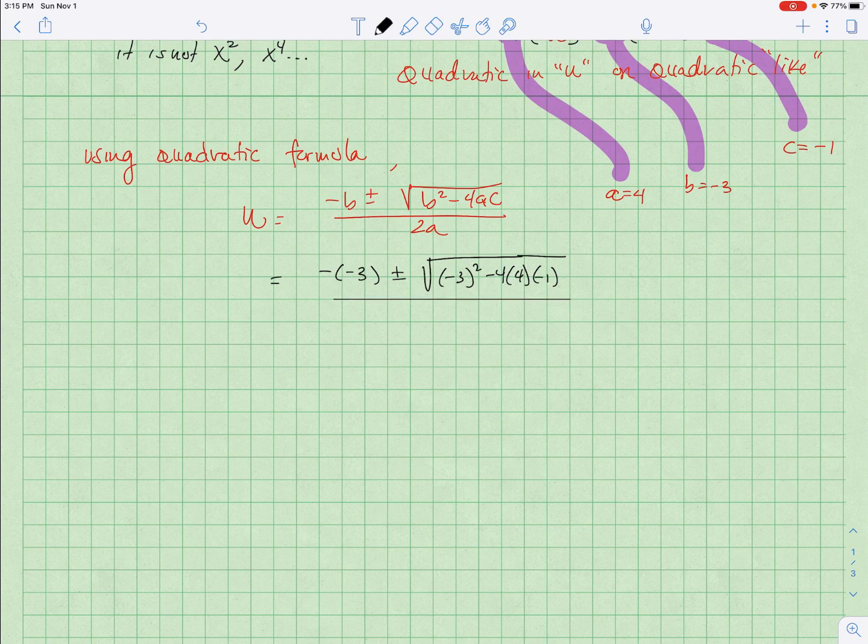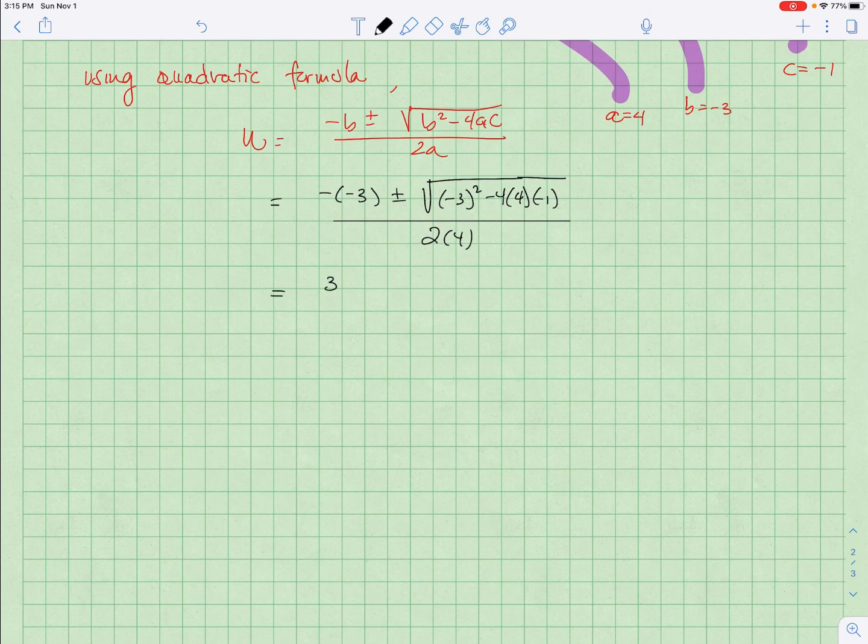So in this sense, it's very much just like using the good old-fashioned quadratic formula, with one small hiccup at the end. This is 2 times 4. And what we get is 3 plus or minus the square root of 9 plus 16 all over 8, which is 3 plus or minus 5, because 9 and 16 is 25, and the square root of 25 is 5, over 8. And this is either negative 2 over 8 or 8 over 8, which, as we saw before, was negative 1/4, and 1.